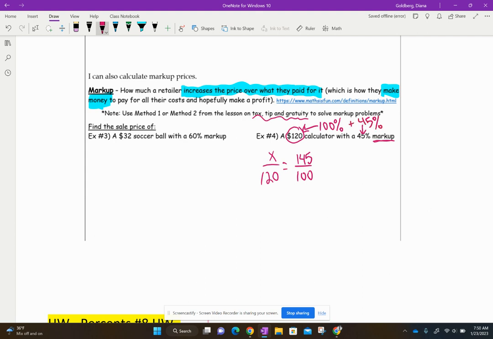So I want to find what Staples is actually going to charge. Again, go ahead and do your crisscross applesauce. Once you solve for x, you're going to see that Staples will charge this to make some money from you.